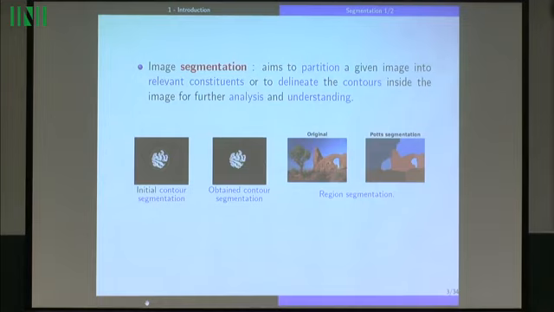And as suggested by the definition, there are two types of segmentation methods. The first one is the edge-based approach, as we can see on the left here. The initial contour evolves in order to match the edges of the brain here. And on the right we have an example of the region-based approaches, in which the image has been decomposed into 8 main regions here.